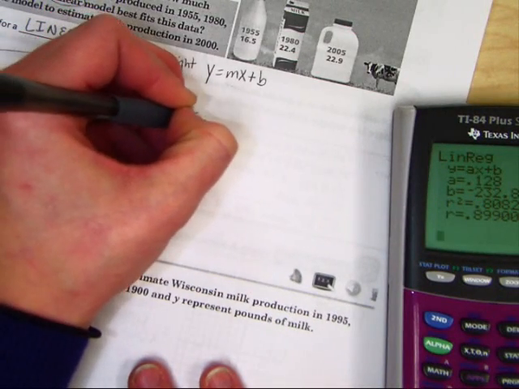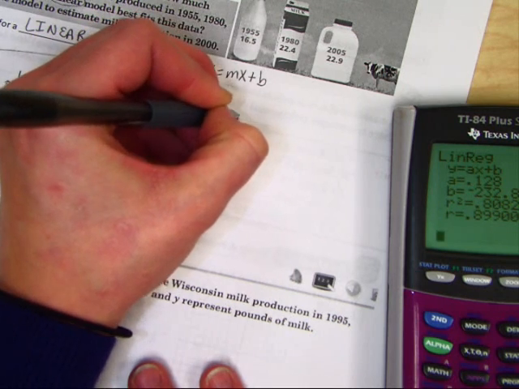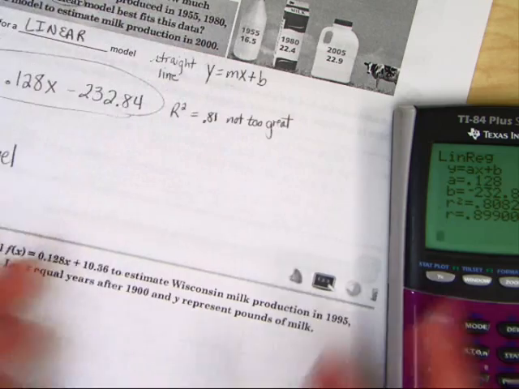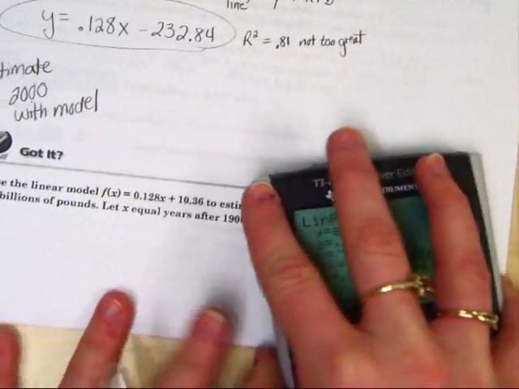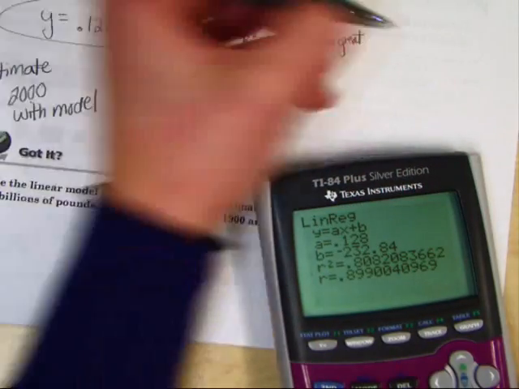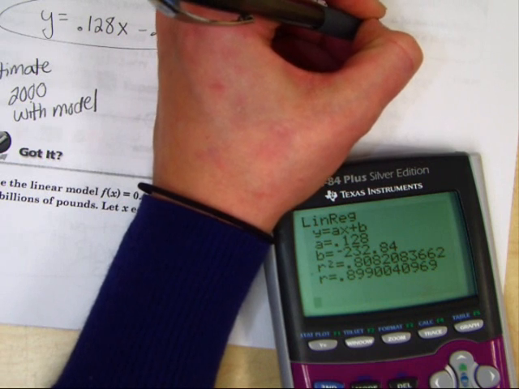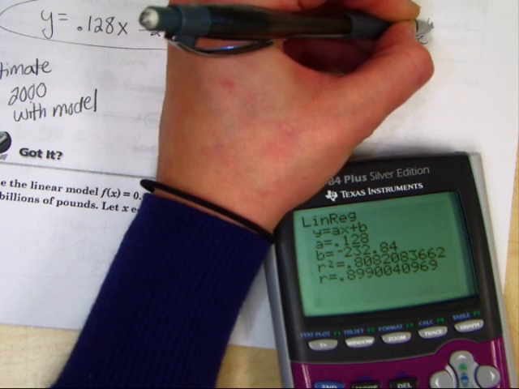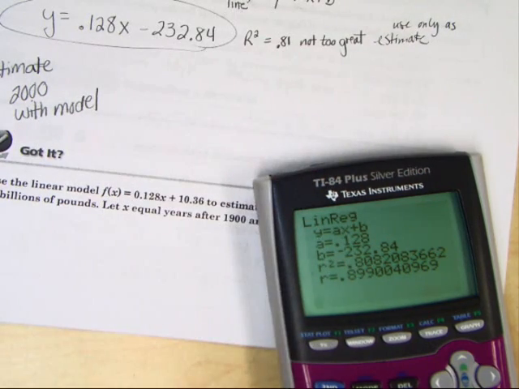R squared is about 0.81, so it's not too great. But it is an equation. It's an estimate, and we're using it as an estimate, so I guess it will do. We want r squared to be really close to the value of 1 or negative 1.